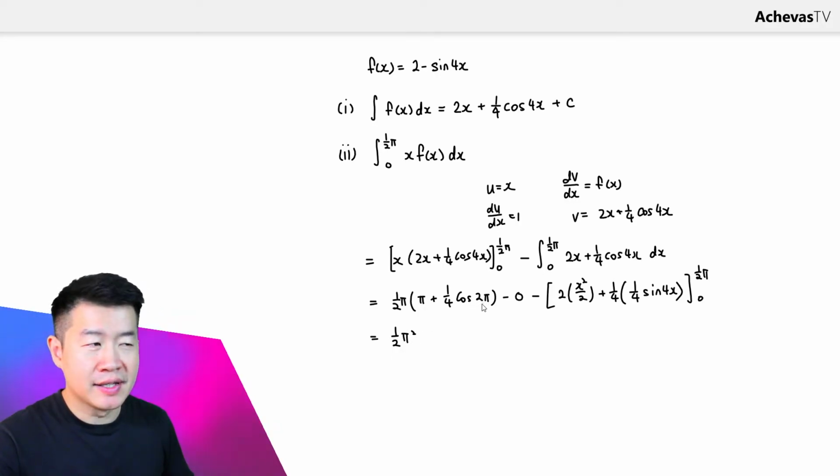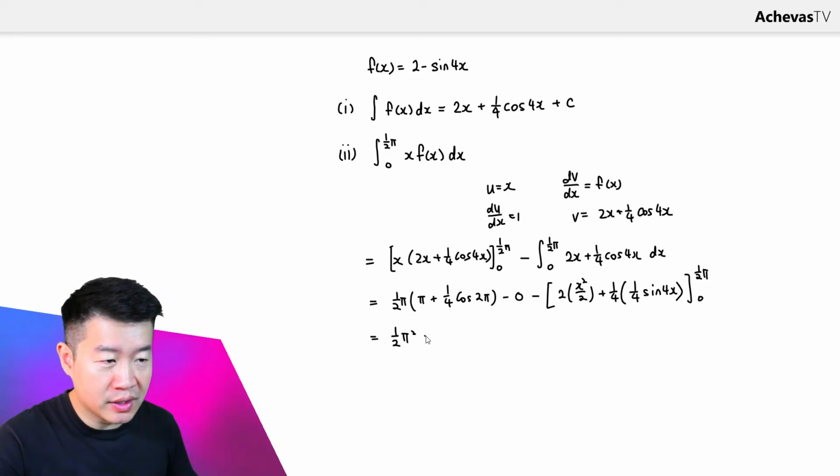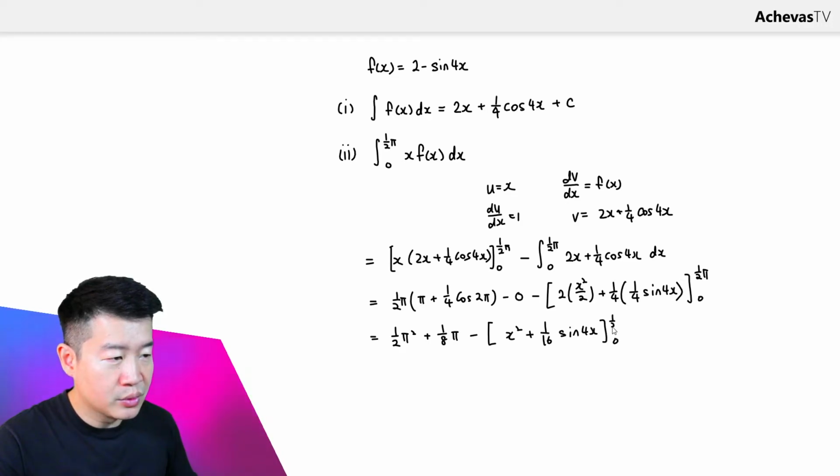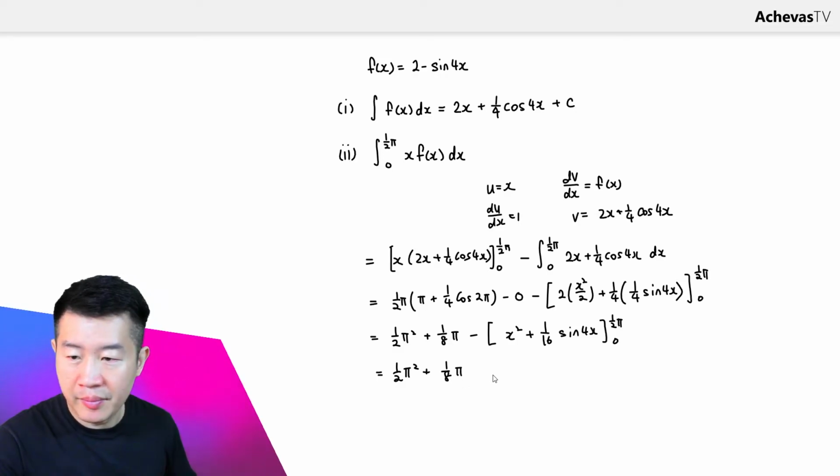Cosine 2 pi is 1. So half pi multiplied by 1/4 gives me a 1 over 8 pi. Then minus away, this is x squared plus 1 over 16 sine 4x from 0 to half pi. So we have a half pi squared plus 1 over 8 pi.